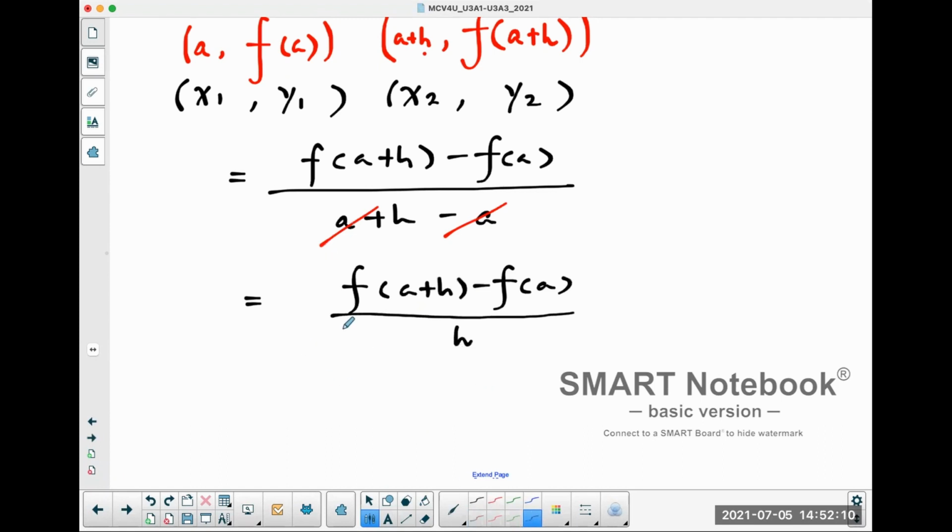And the slope of secant is when that little bit becomes 0, meaning it's not equal to 0 because we cannot divide by 0. That's not possible mathematically. We are saying the h value, that little bit, is going towards 0. It's getting closer and closer and closer to 0, but not 0, right?